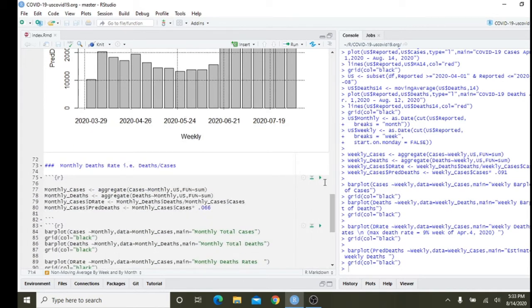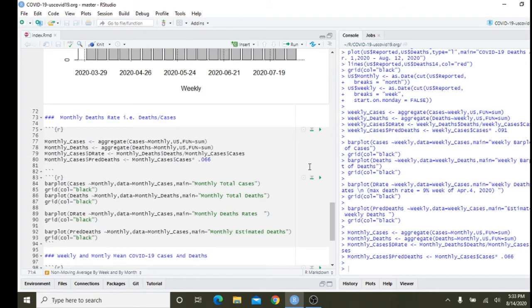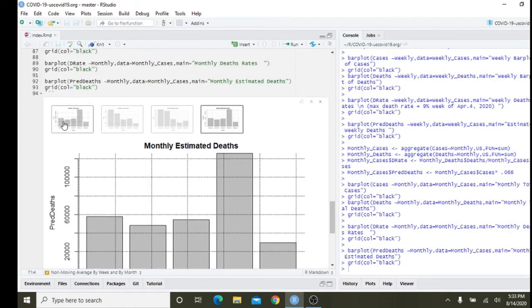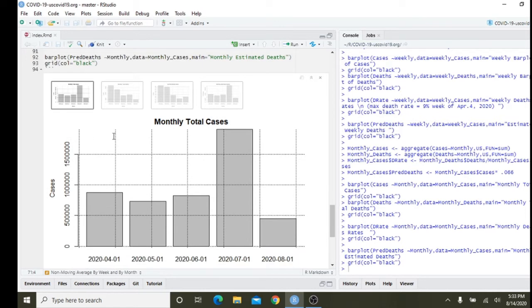Now let's basically look at some monthly numbers. Same thing as before, except monthly. Okay. Once again, monthly cases. A huge spike. Remember the spike back in April? Cases? Well, just nothing compared to today.